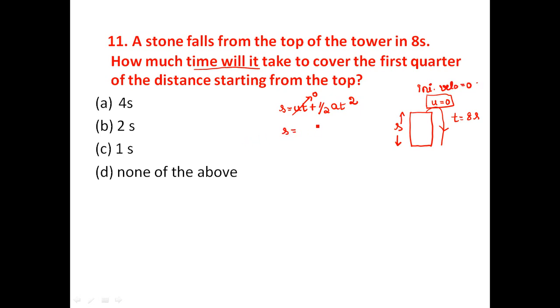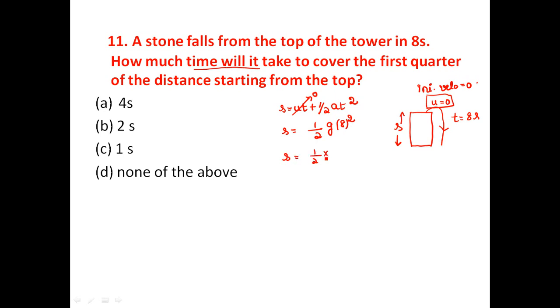I'll write distance S as equal to half. What about a? Here, acceleration a needs to be replaced with g, acceleration due to gravity. What about the time taken by the stone to reach the ground? It took 8 seconds, right? I'll write 8 square. What about the distance traveled now?